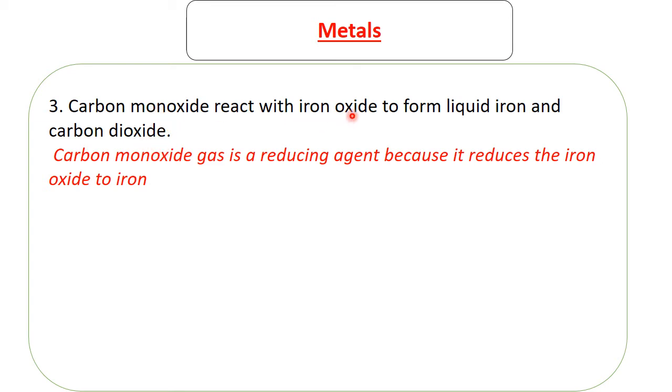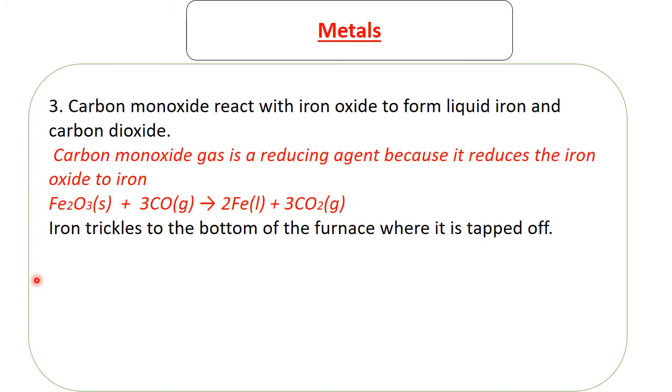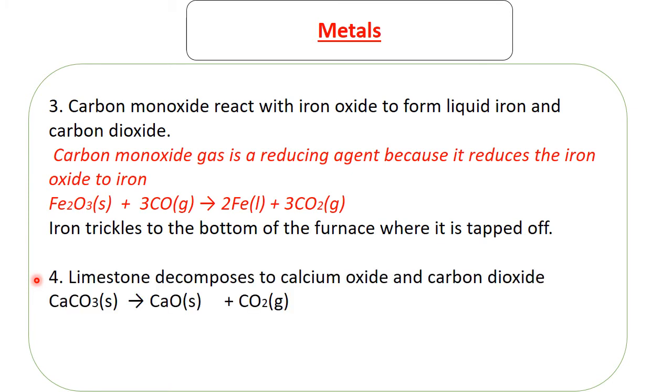The iron oxide has oxygen atoms, and the oxygen has been removed by carbon monoxide. So this was the entire purpose of everything that we have done so far. This iron then trickles to the bottom of the furnace where it is tapped off.